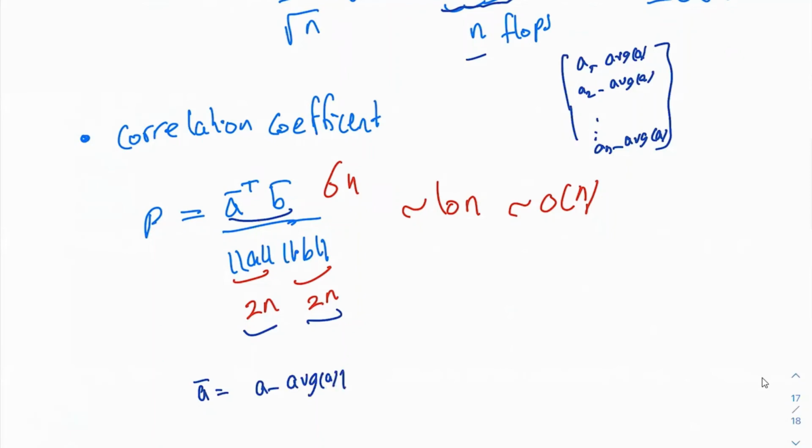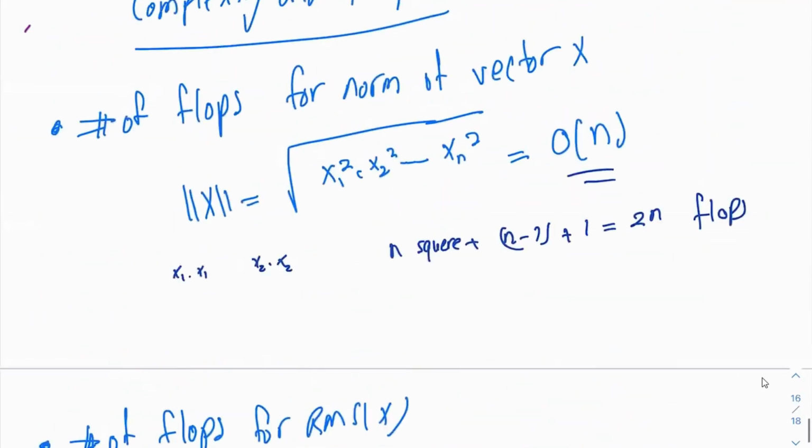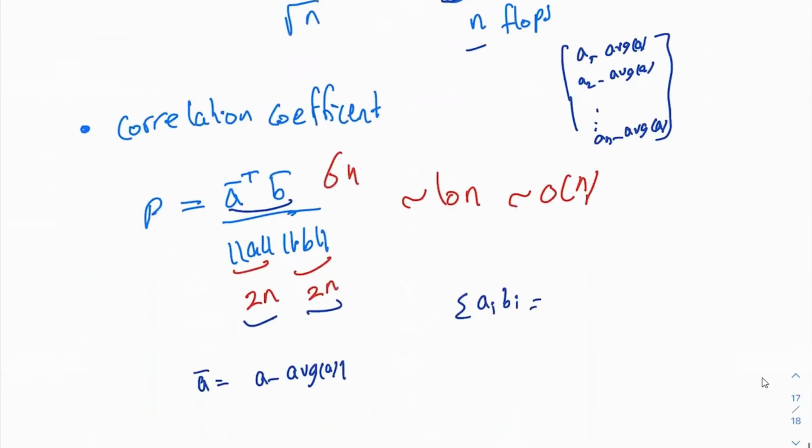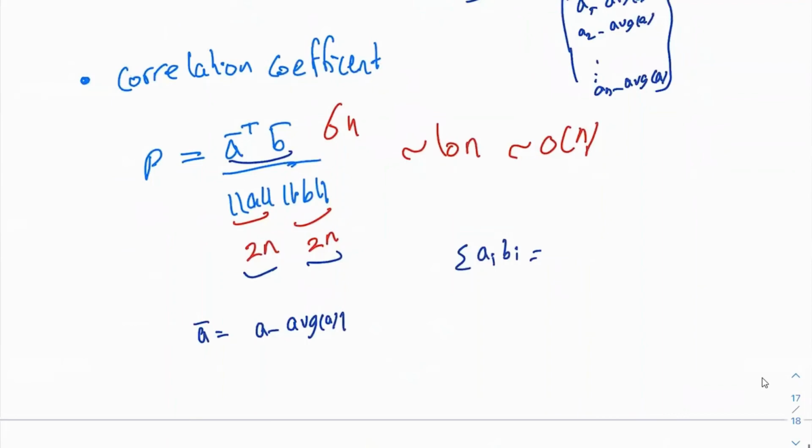What is this A transpose B? How many operations do we have for A transpose B? Did I calculate this one? No. Actually, I calculated it in the first video, I guess. So it requires n multiplications and n minus 1 additions. So you get 2n minus 1, in the order of 2n. Let's say 2n.